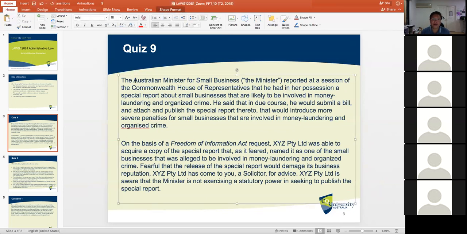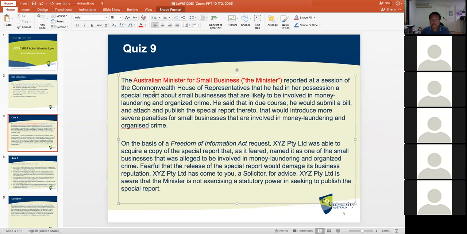We will notice that the decision was made by the Australian Minister for Small Business. In doing so, we should notice that the decision of the minister is not based on the exercise of a power under an enactment. It doesn't say.